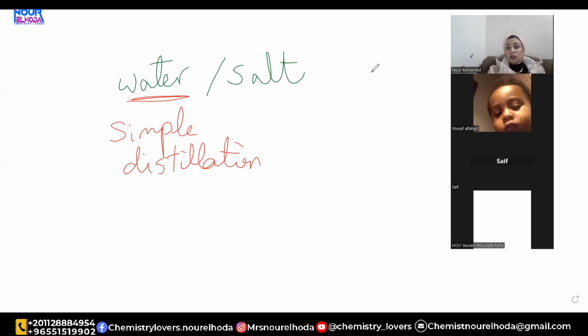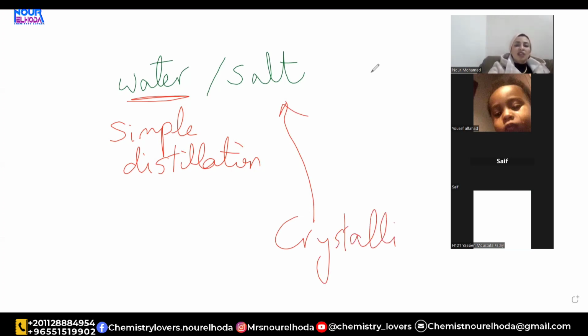But if I want the salt, I don't want the water, I'm going to do crystallization. Crystallization means I'm heating the water till the point of crystallization, so all the water will evaporate, but I will take the salt. This is what I mean by crystallization.